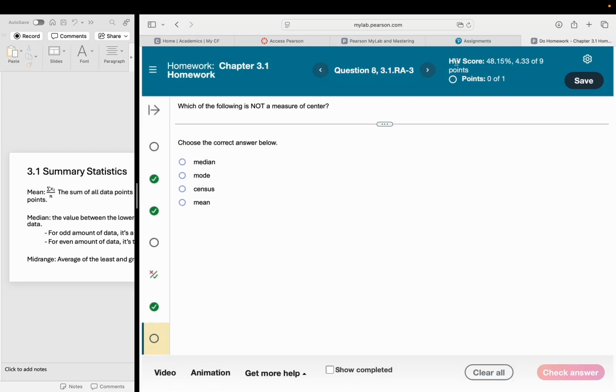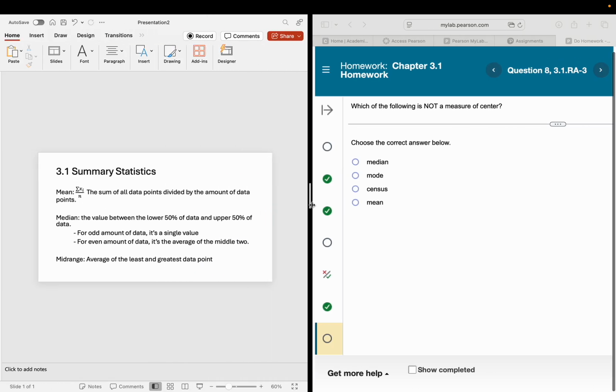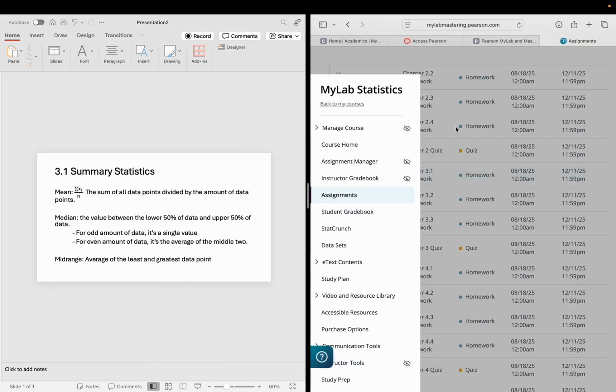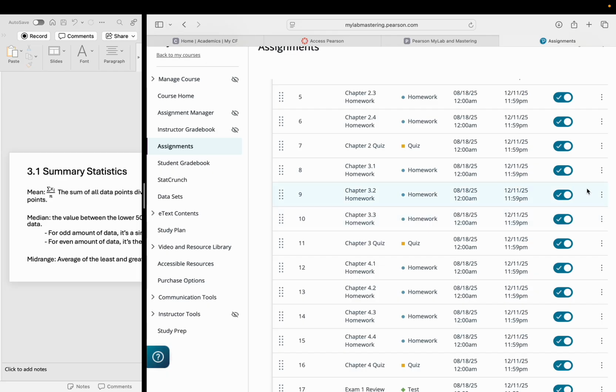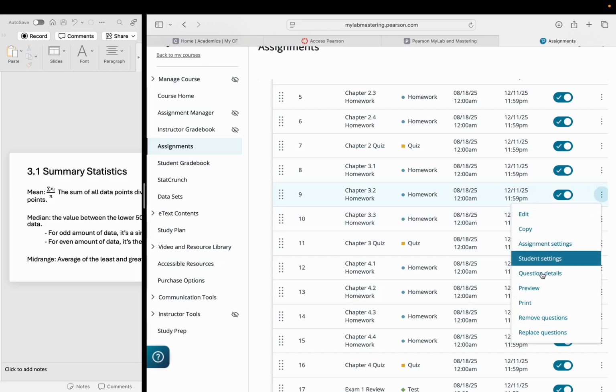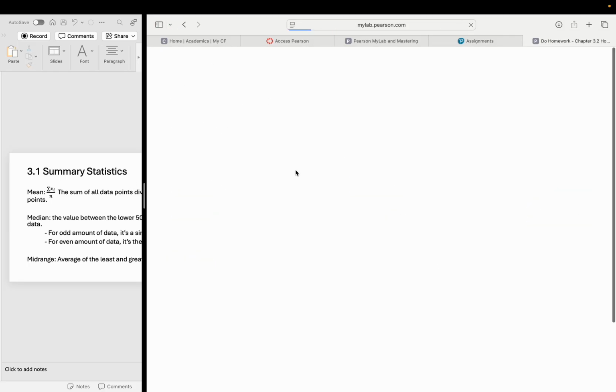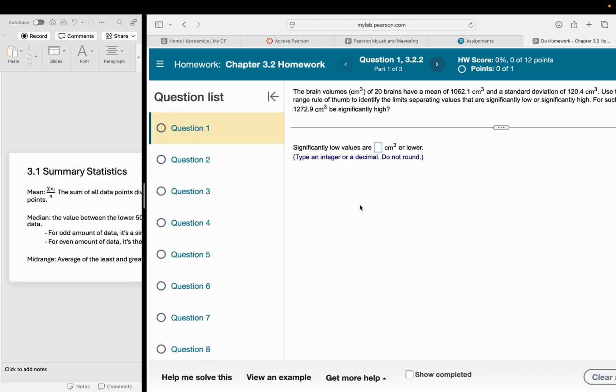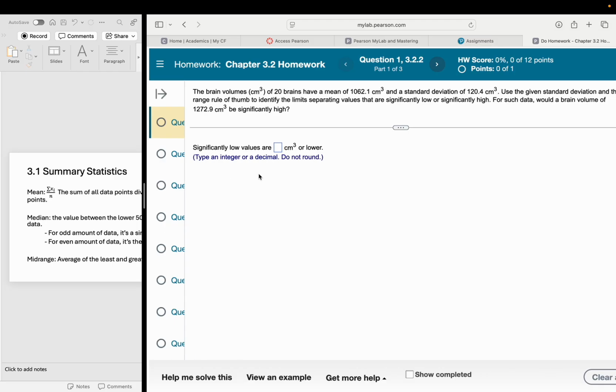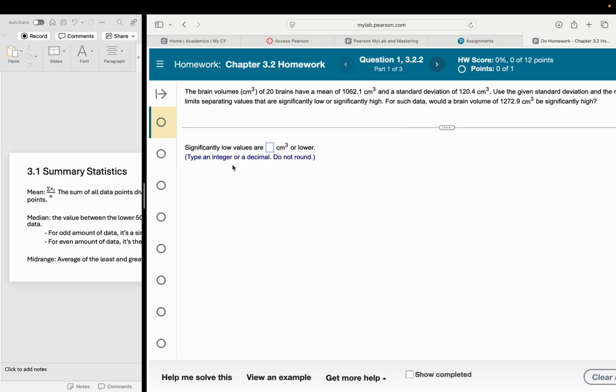Okay. And at that point, honestly, we're done with summary statistics. So 3.1, honestly, might be one of the easier homeworks of the whole course. And let's look at 3.2. All right.